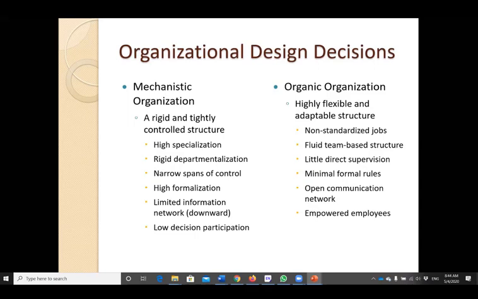But in opposite, the organic organization has a highly flexible and adaptable structure. It can be changed according to the environment, both external and internal environment, right? And the boundary between the departments is not very clear. So a person working in one department today may be moved to another one tomorrow because of the task he's assigned.